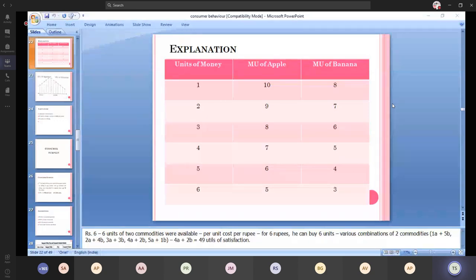Thus, according to our example, it's 4 apples and 2 bananas. So the fourth apple gives the marginal utility of 7, and the second banana gives the marginal utility of 7. So the marginal utility of A is equal to the marginal utility of B. That is proved according to our numericals. Is it clear?